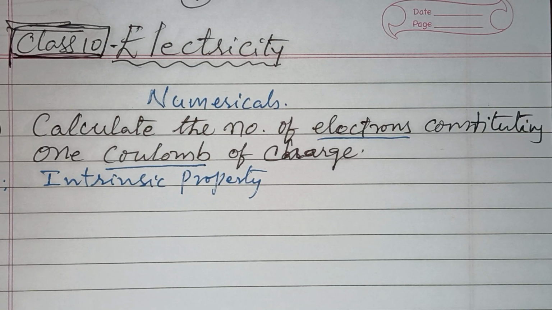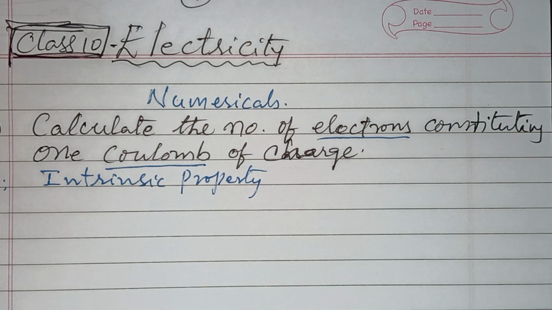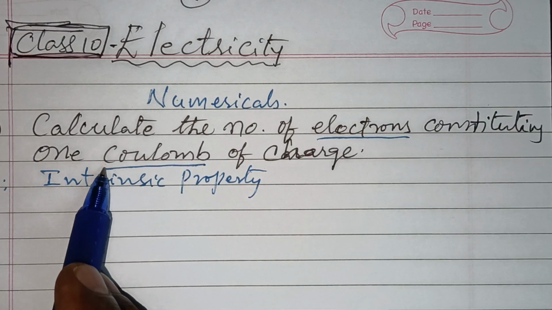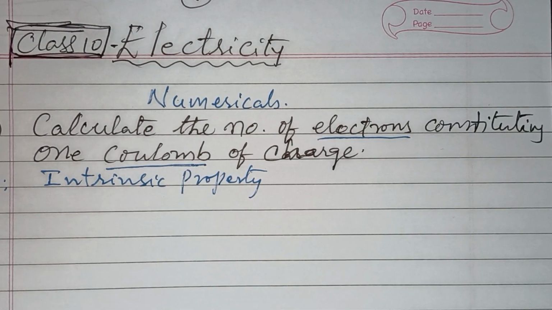So, named in his honor, the SI unit was introduced to measure the electric charge. Here, we are trying to work with electric charge, and 1 coulomb is the SI unit of charge.